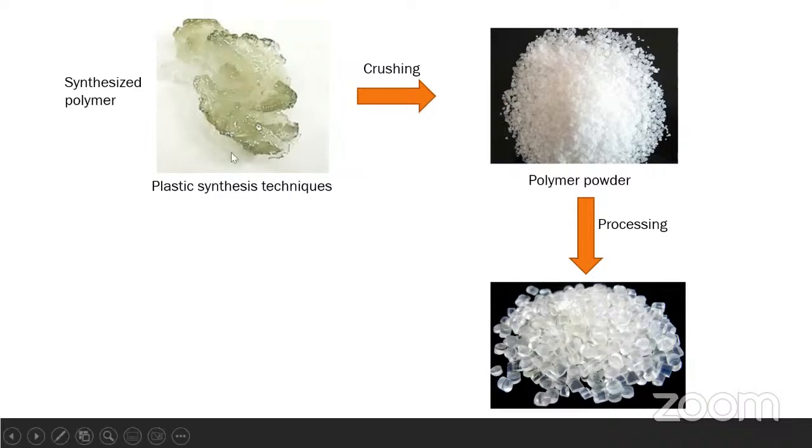If you can see from the slide, whenever we go for synthesizing a polymer or for manufacturing a new polymer, we generally have a polymer in its raw form. This polymer in its raw form lacks some ability to serve in real life applications.